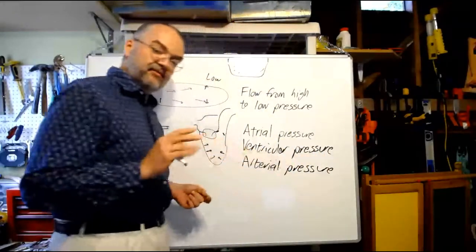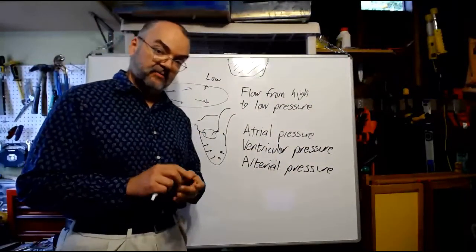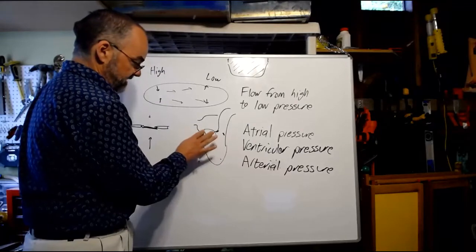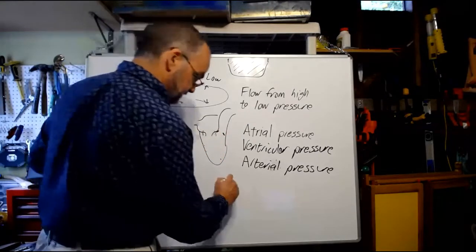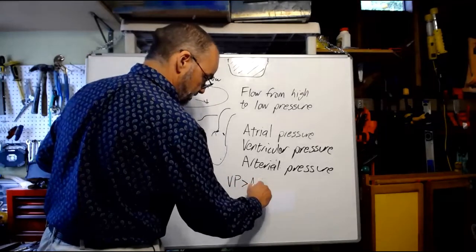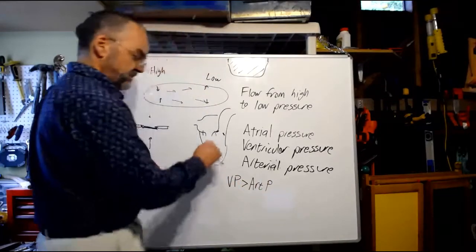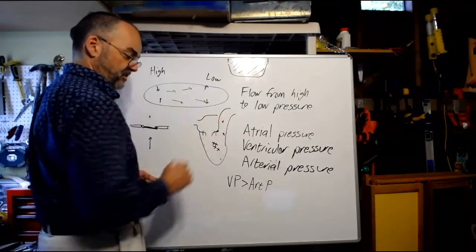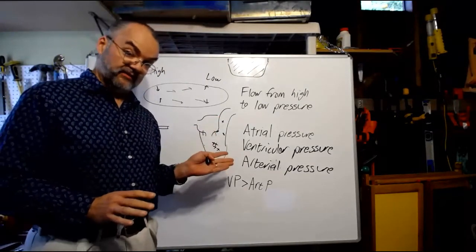You're going to need to keep track of which pressure is higher at any given moment. So if, for example, we say that ventricular pressure is greater than arterial pressure, that means the pressure here is greater than the pressure here. Which way is blood going to flow in that case?